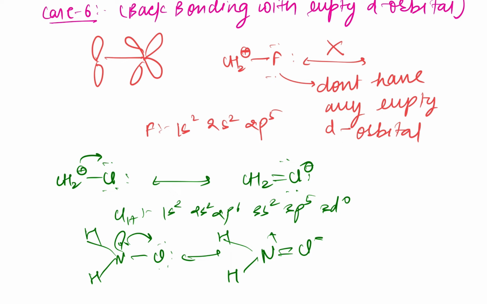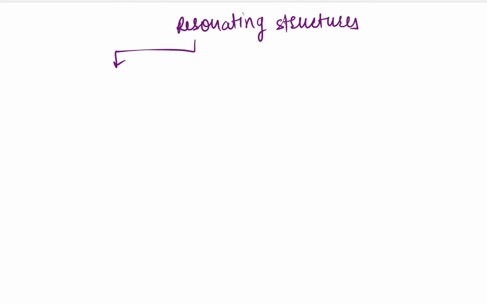So these all were the cases of conjugation, and now there are some types of resonating structures. There are two types of resonating structures. We call them equally contributing and unequally contributing. There is more segregation or classification, like how many resonating structures we have, including all this conjugation.